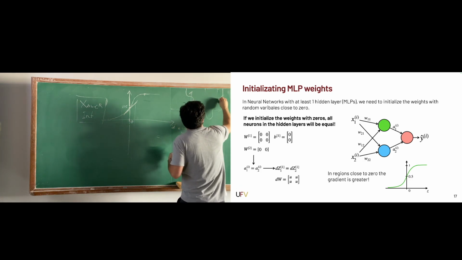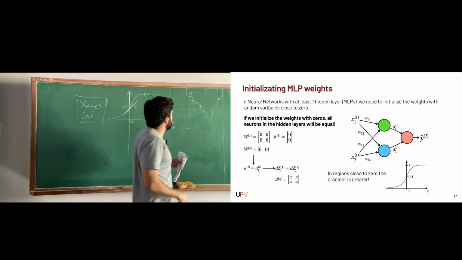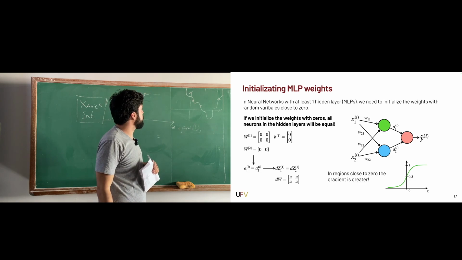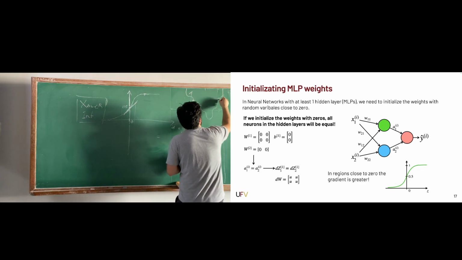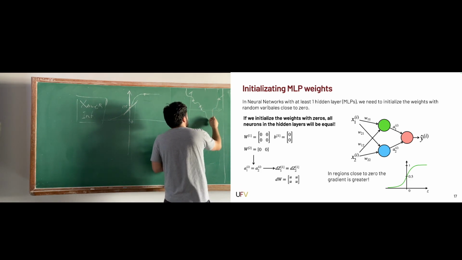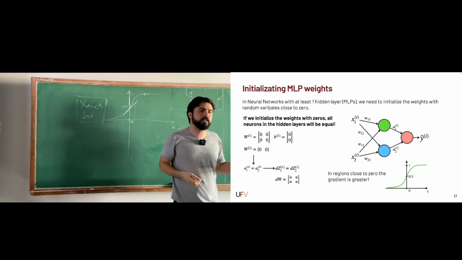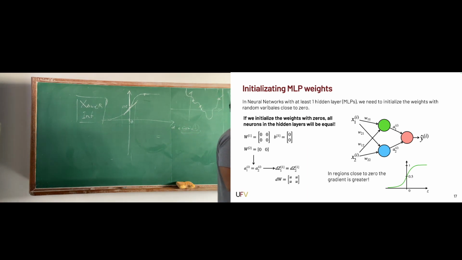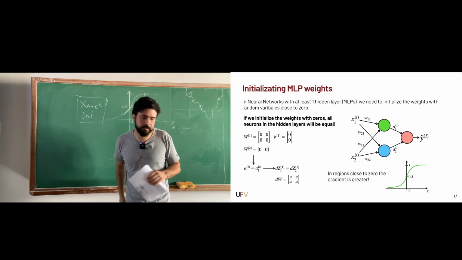So depending on where you start on your loss function, or depending on how you initialize your parameters, you might have a higher chance of getting to the global minimum than in other places. Depending on where you start, you might get stuck in local minima or not. Okay? So initializing parameters is actually a very important aspect of neural networks.